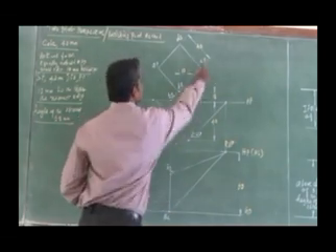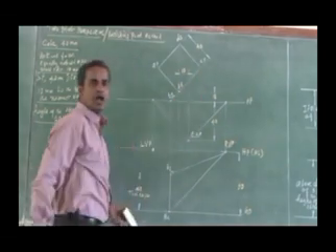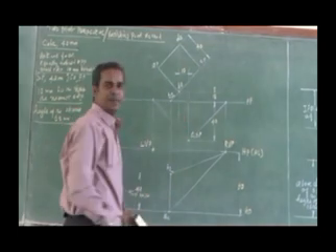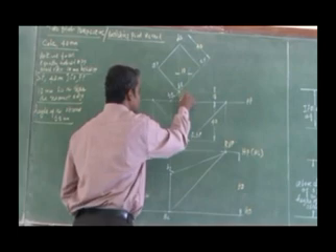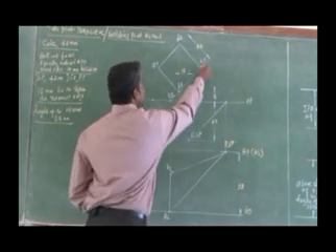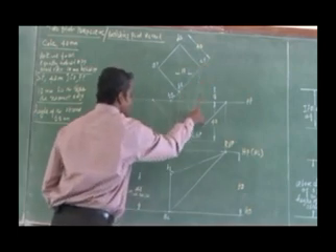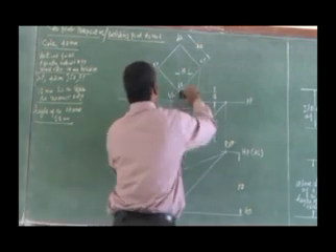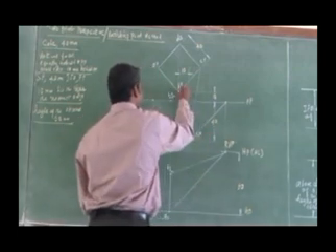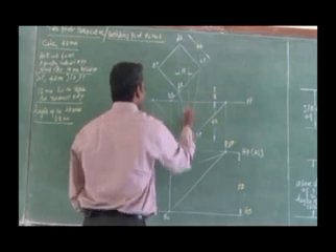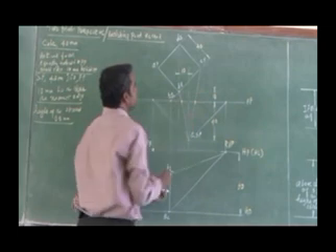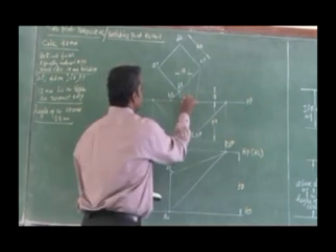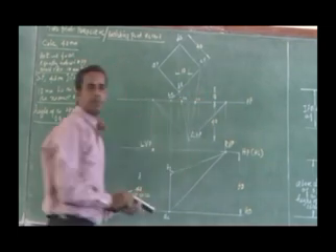Now to get the perspective location of this BQ and CR, get the intercept as usual, similar to the visual ray line. The intercept is obtained by joining this with the station point. So these are all my intercepts of BQ and CR. This is BQ intercept, this is CR intercept.